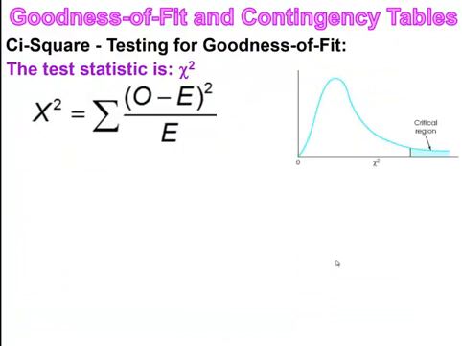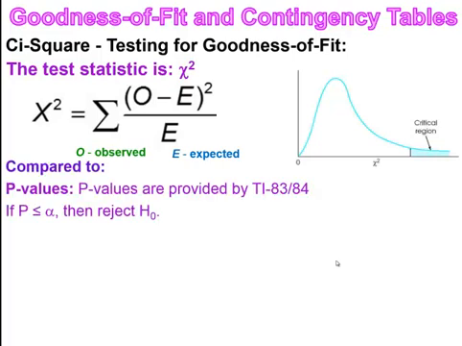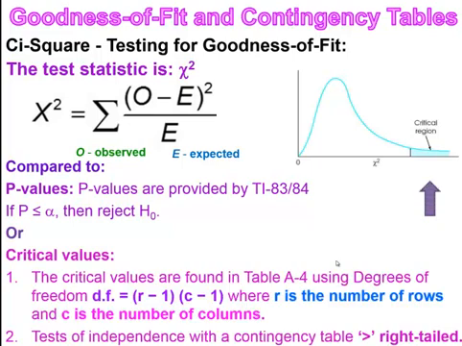The test statistic formula is the same as we did for a frequency distribution table, but now we're going to have a contingency table. So the O represents our observed, and the E represents our expected. We would find the p-value using the calculator, and we're going to find our critical value the same way.